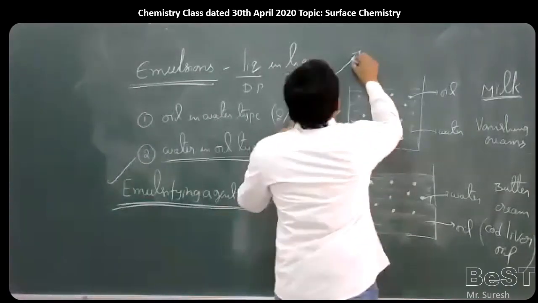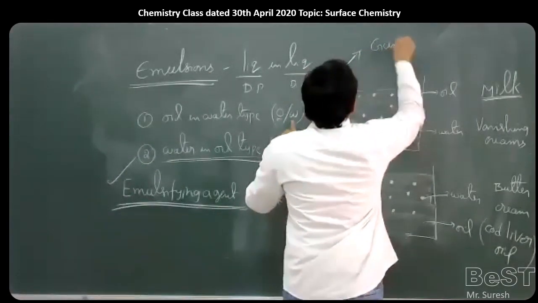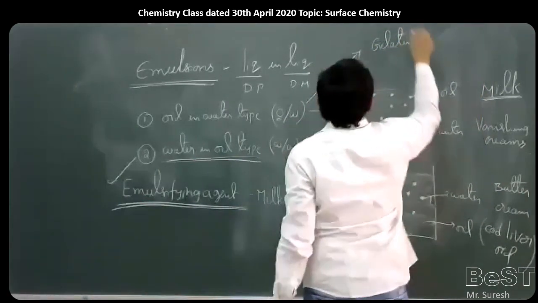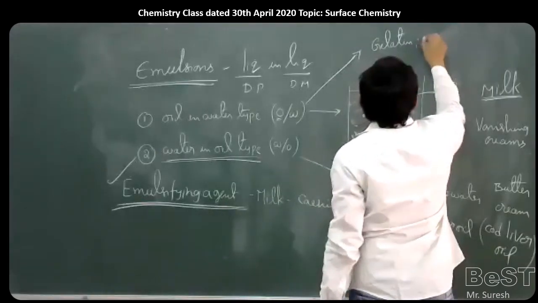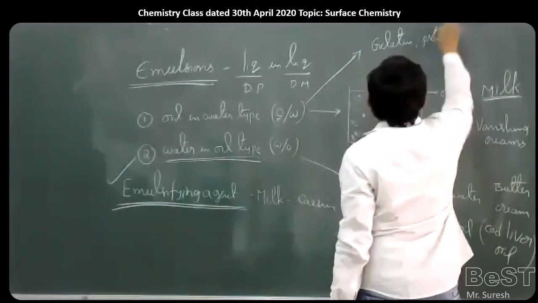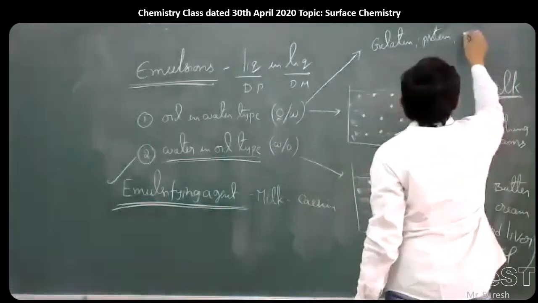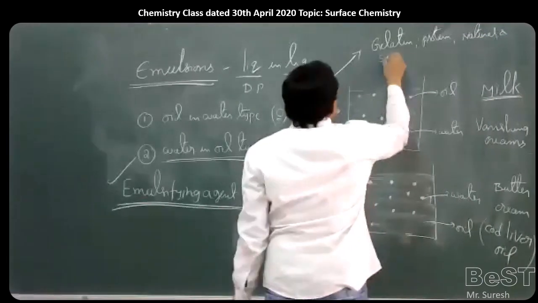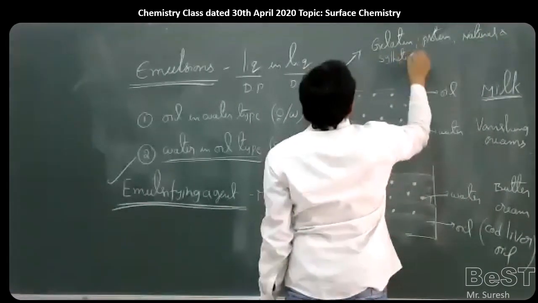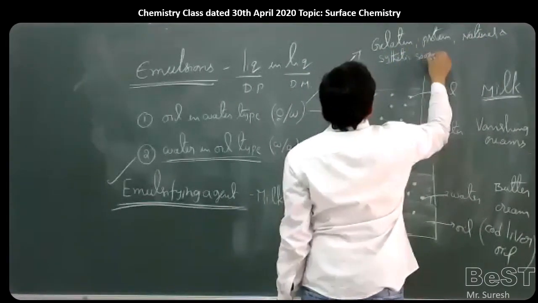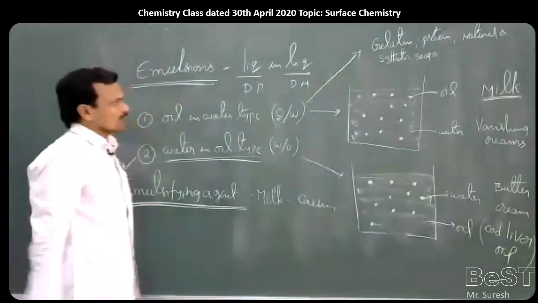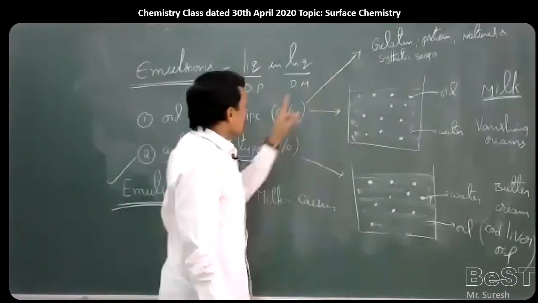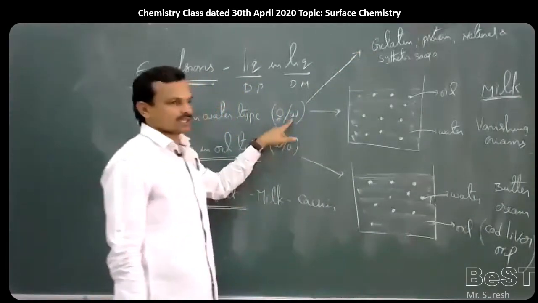Gum, gelatin, protein, natural and synthetic soaps. These are generally used to keep the oil in water type emulsion stable.